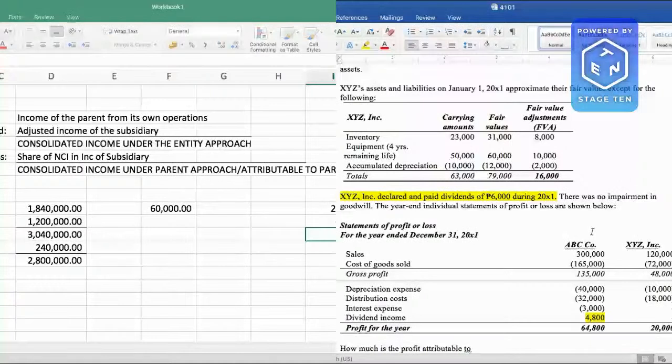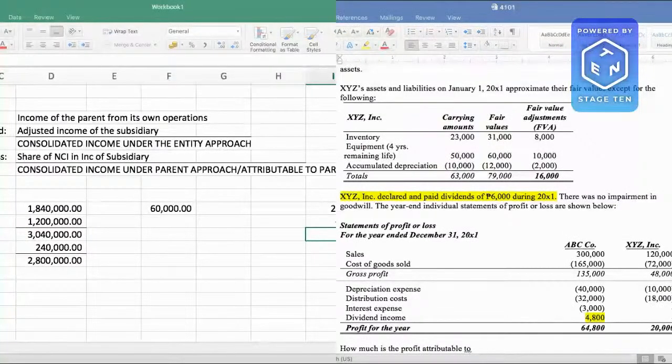Okay? Now, if the cost of goods sold is understated by 8,000, what is its effect on the income, class? The consolidated entity believes that the cost of goods sold is understated by 8,000, so that means it believes that the income is overstated by 8,000.